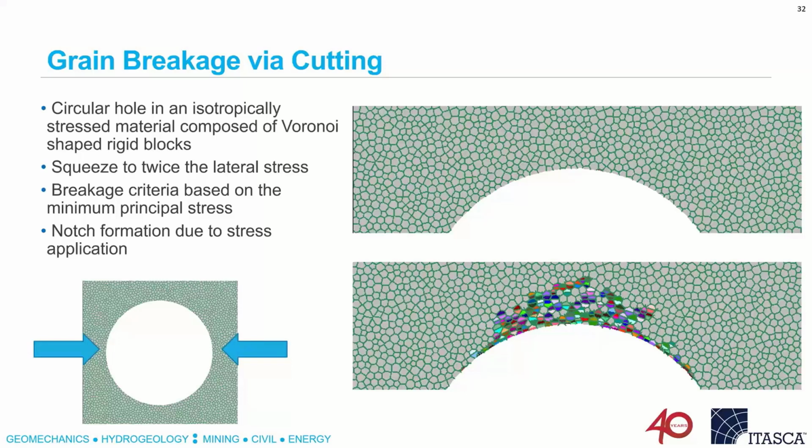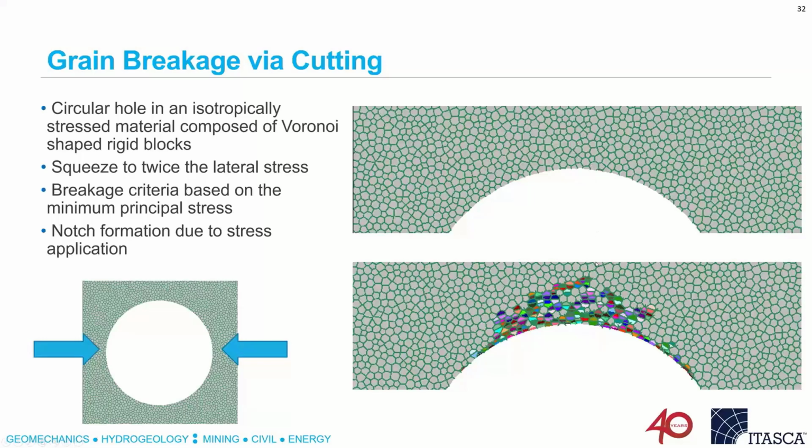And there's a breakage criteria in FISH based on the minimum principal stresses, whether they exceed a certain value. And then if that happens, those blocks are cut, right? In this case, what we're showing on the right is the original geometry of those Voronoi shaped rigid blocks.